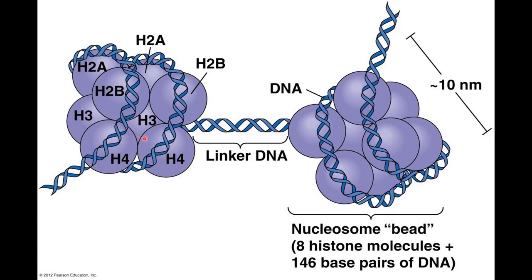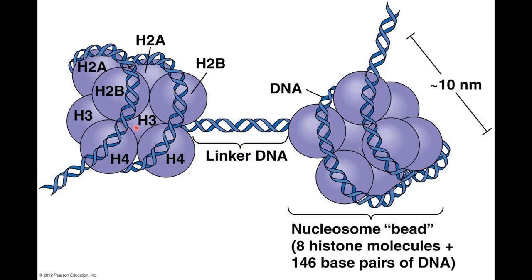So in these 8 subunits, four types of subunits are present: H2A, H2B, H3, and H4. And the fifth type of histone is H1 histone, which is present to hold the linker DNA, as you have seen in the last picture.